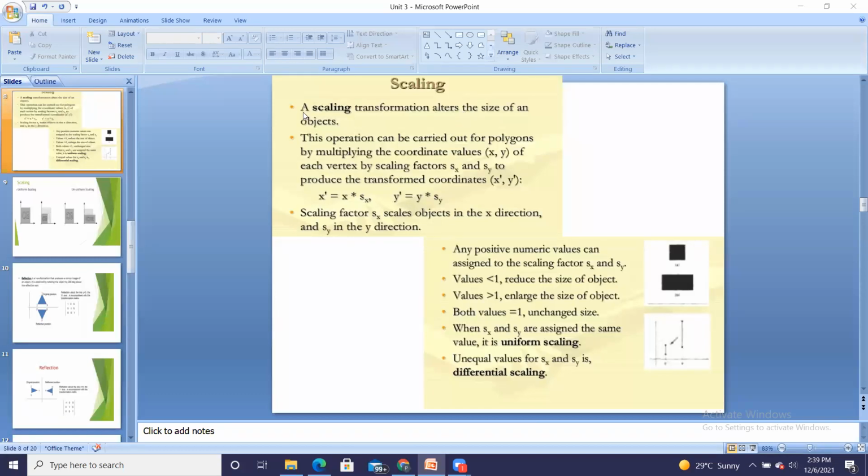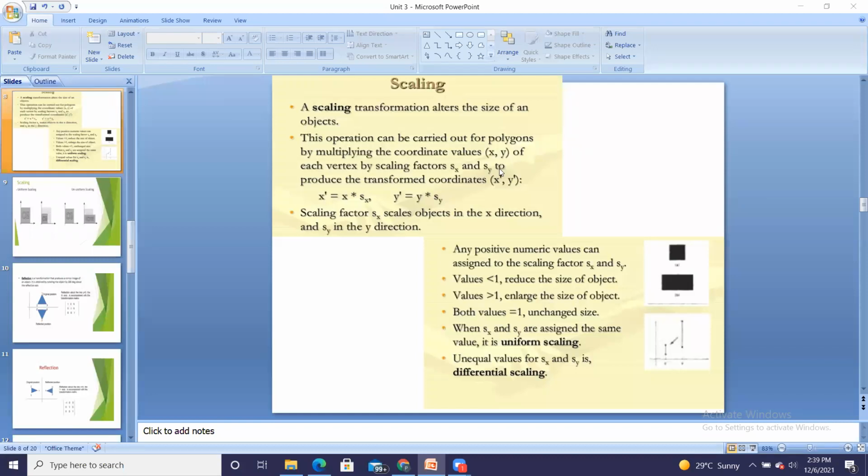Now for scaling, we need two values or two scaling factors. One is along the x direction and the other is along the y direction. Whenever we scale the object along x, it will grow its size horizontally along the x-axis.